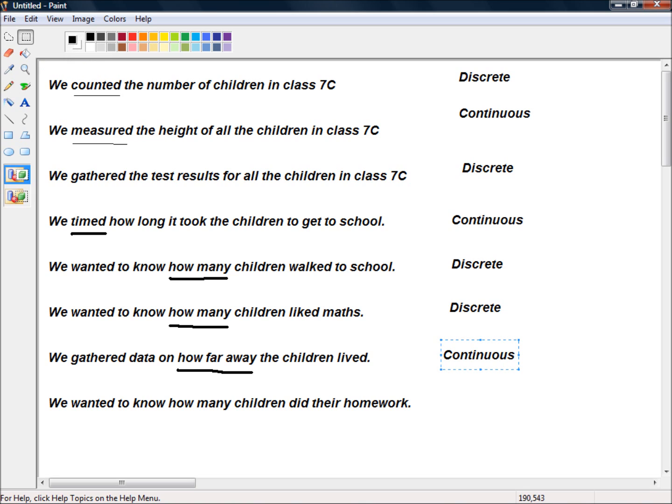And lastly, we wanted to know how many children did their homework. Well, again, the key here is how many. So this is something we would count rather than something we would measure. So this is discrete.